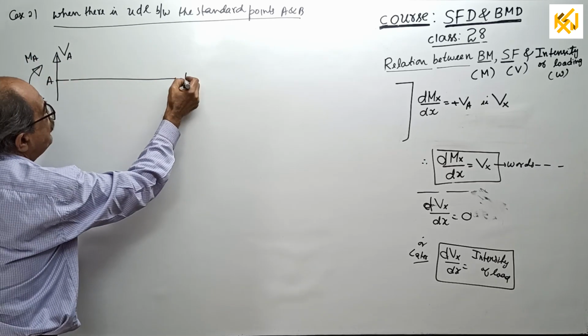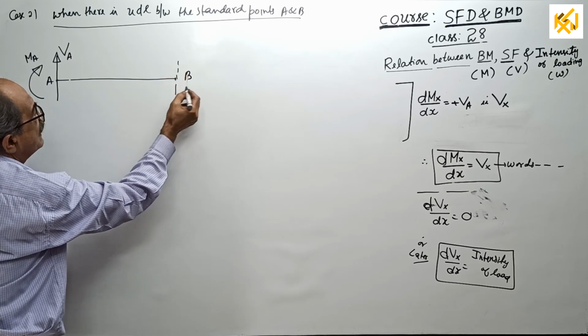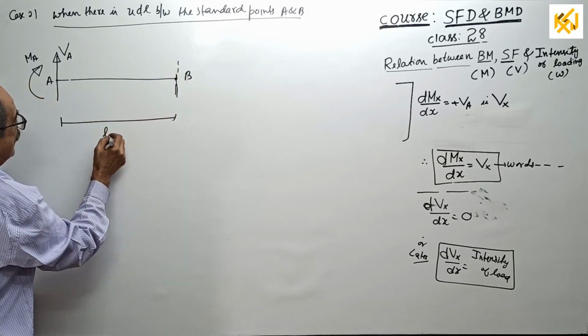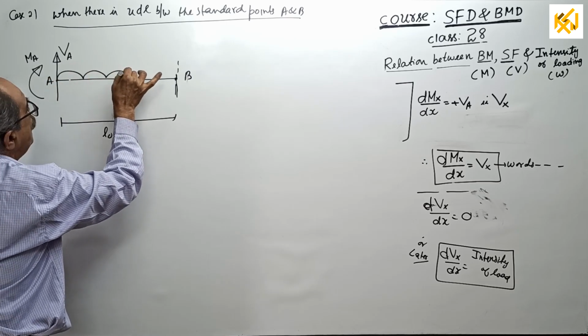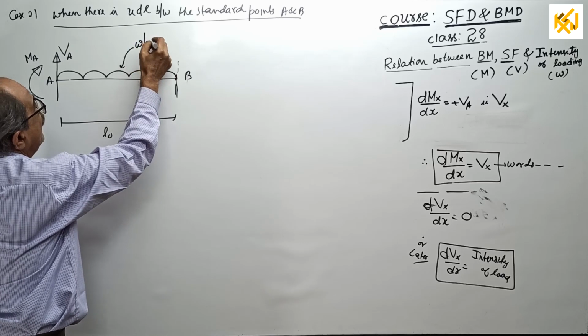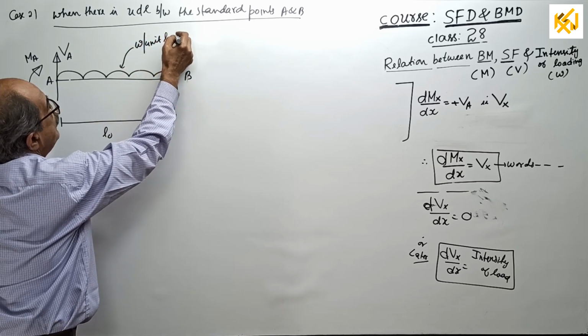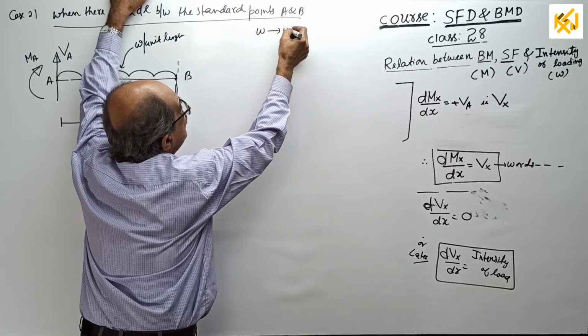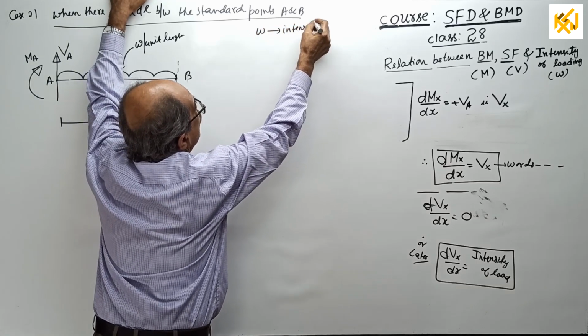This is A and this is B. This is L0. There is UDL between the 2 points, say W per unit length, where W is the intensity of UDL.